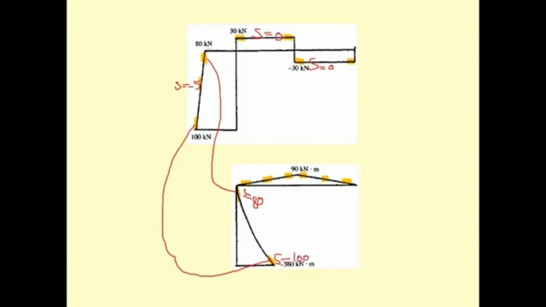Okay, this S is equal to 30. This S is equal to 30, and this S is going to equal minus 30. Okay, that is the shear diagram and moment diagram. When you do the examination, you're supposed to put every important point with the slope and the related value.